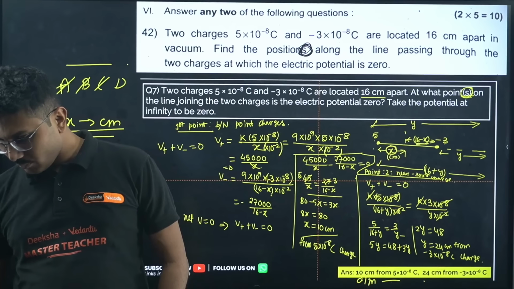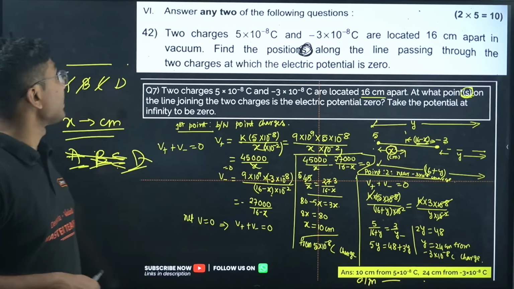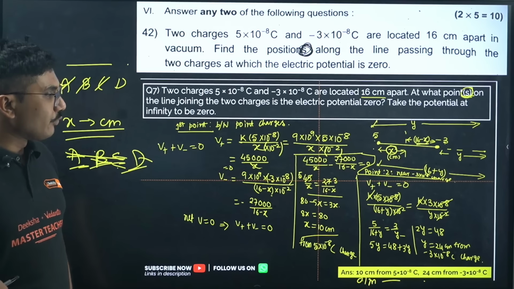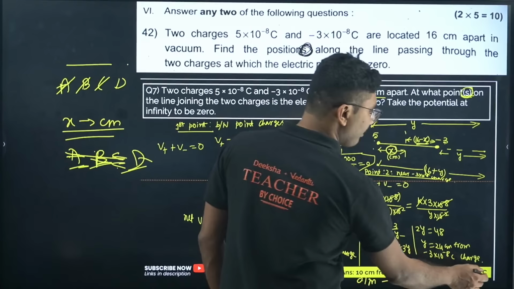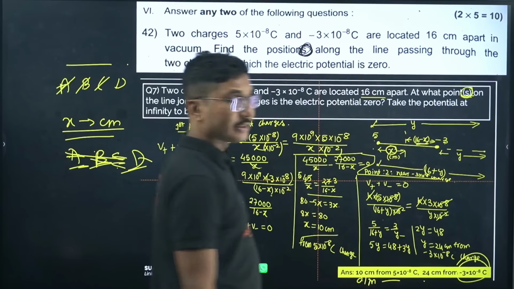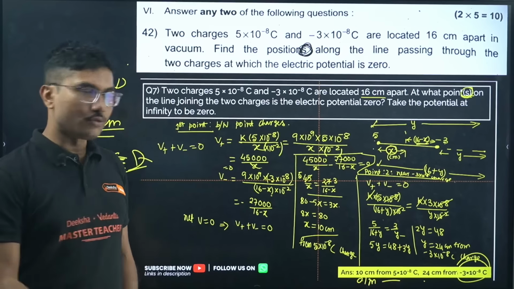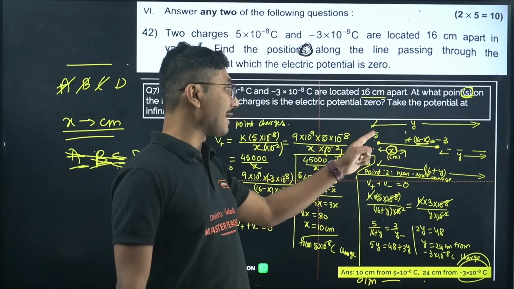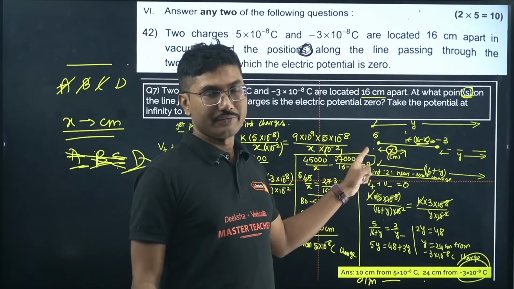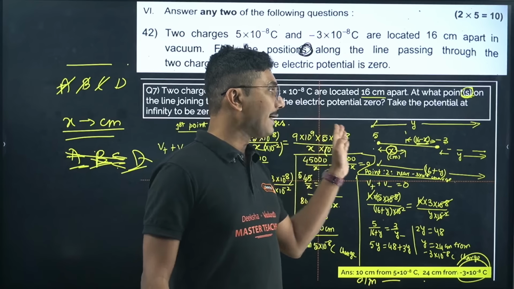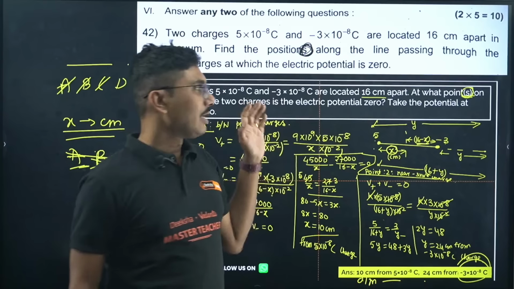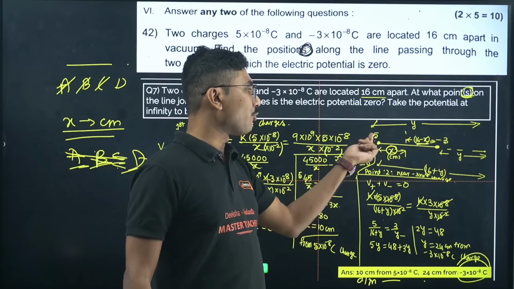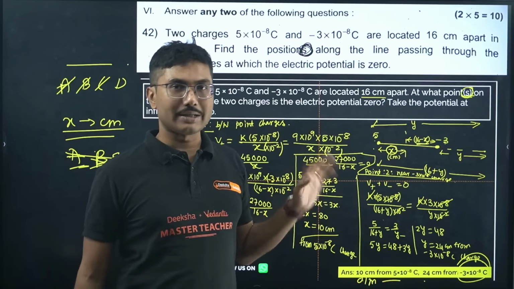0.4 is correct for the 42nd question. 0.4 is correct if you have mentioned the position 24 centimeter or 0.24 centimeter from -3. If you are writing 0.4 centimeter, that will be from 5. Okay, 5, and it is away from -3, that's why it is written like this. 40 centimeter can be on this side also, that is why I mentioned that.